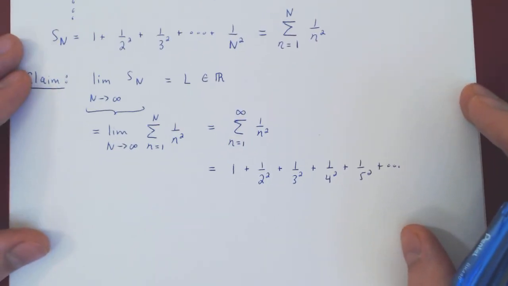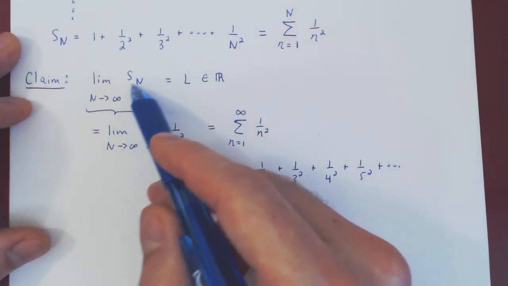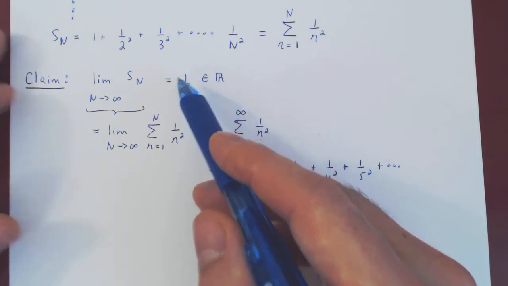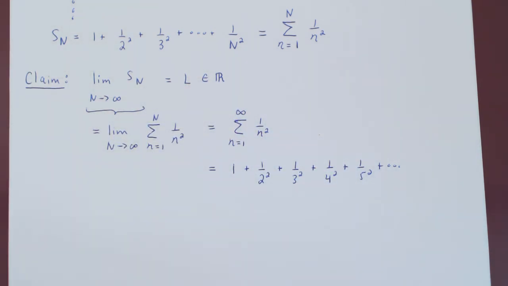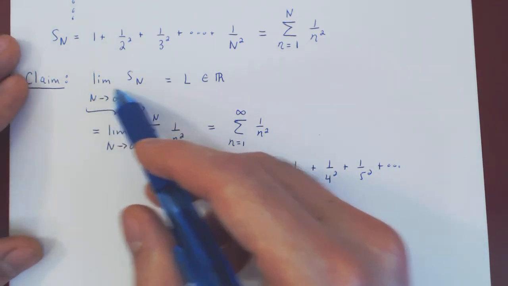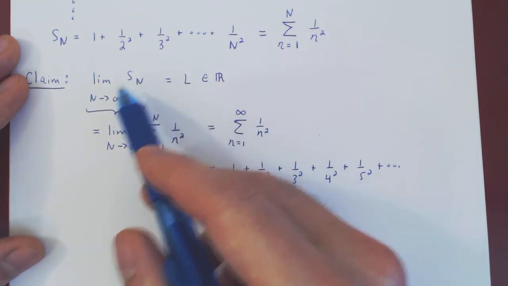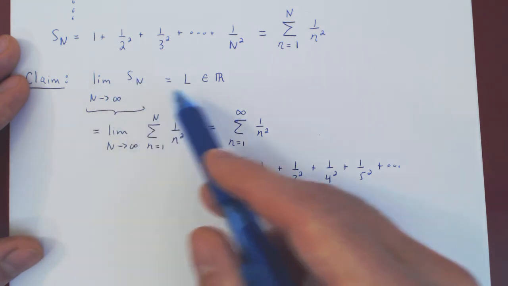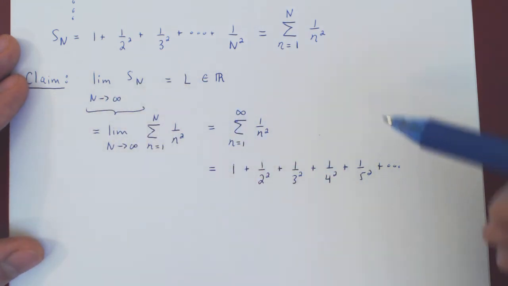This is what we had. This was our claim, that the sequence converged to some real number. Now we have proved this by proving it was bounded and increasing. The monotone convergence theorem kicks in, which proves that we are right. The sequence will converge as n approaches infinity to some real number.